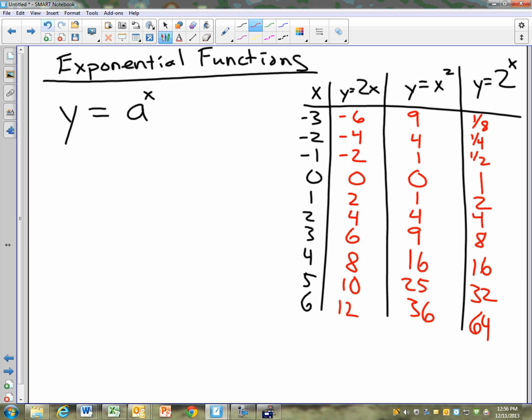Interesting. Let's see what the behavior of this thing looks like. Let's graph this.